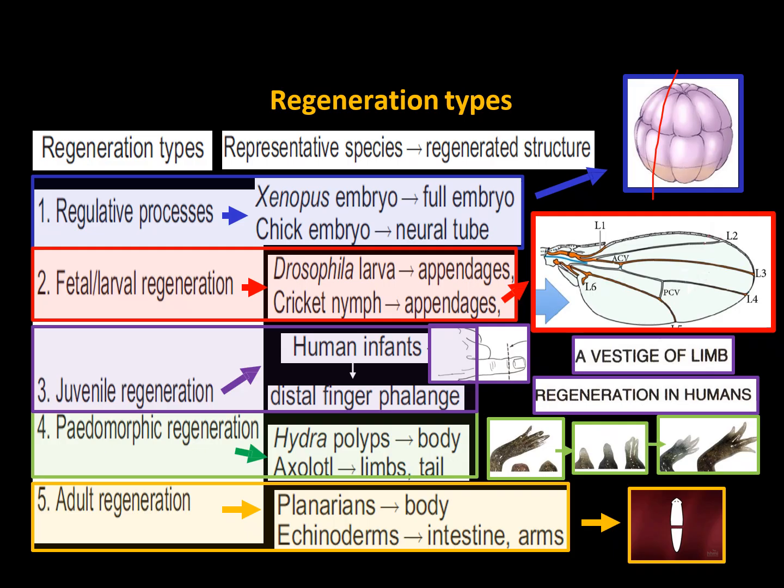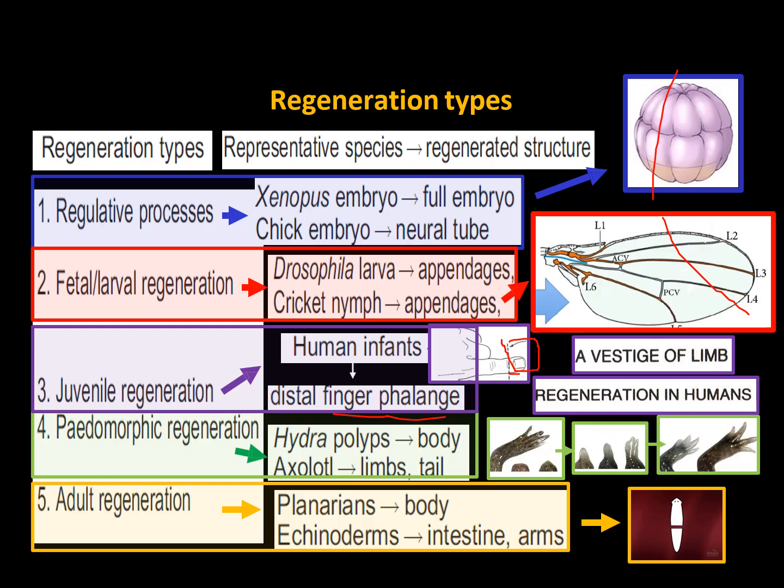Something similar happens with wings and legs. In the early stages of development, you can cut a piece of the wing or a piece of the leg and regenerate the structure. In humans, in infants, I told you about the finger. Pieces of the finger can be removed at the distal phalange. We don't know how this happens, but they still can do it.